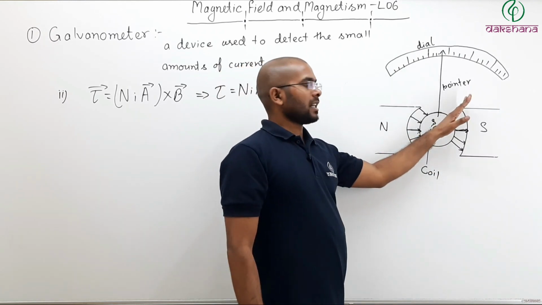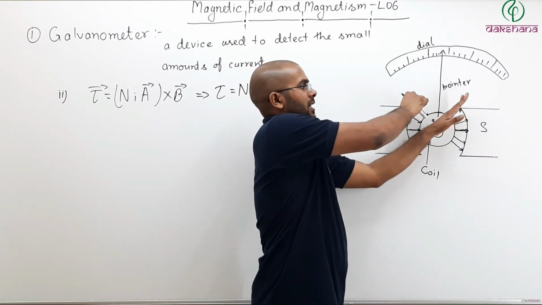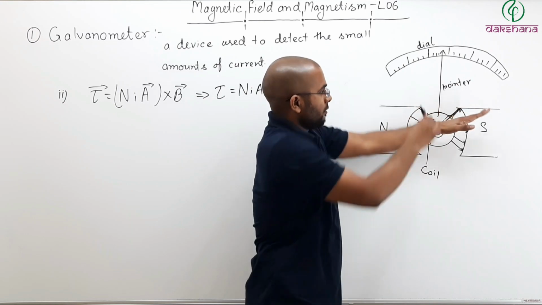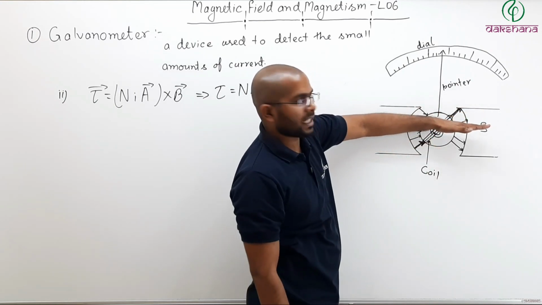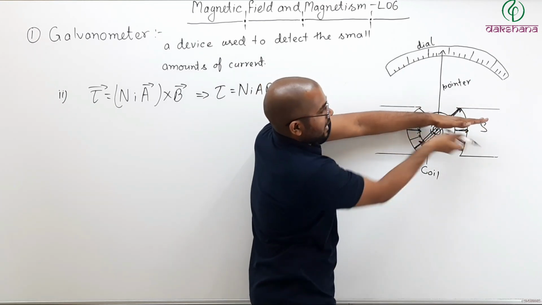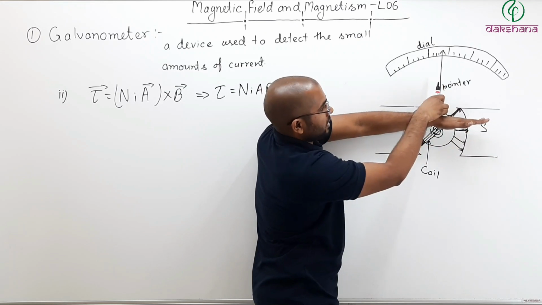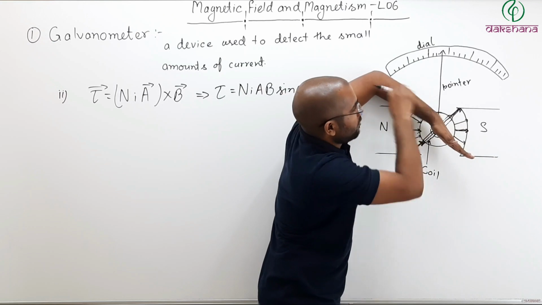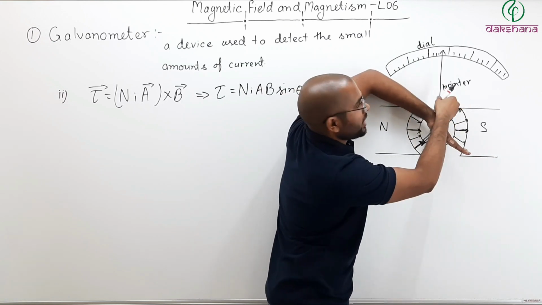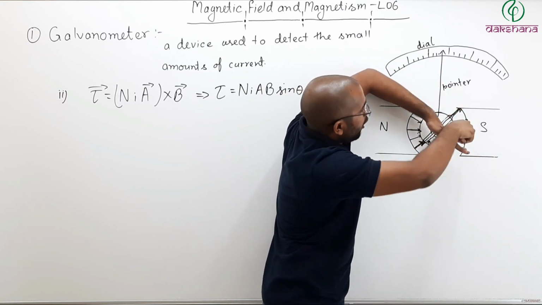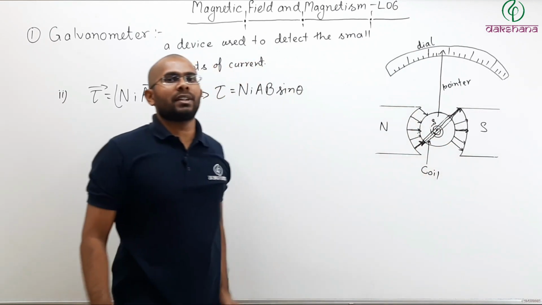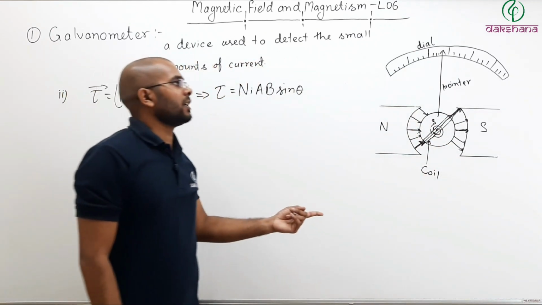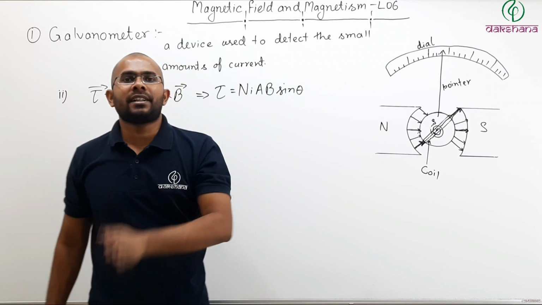So here the field line is like this and the area vector is like this. When I make the loop like this, the field line is like this and the area vector is like this. If I rotate the loop again, this will be the field line and this will be the area vector. So the angle between the field lines and the area vector is always 90.